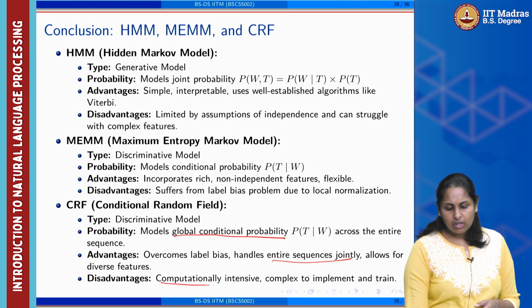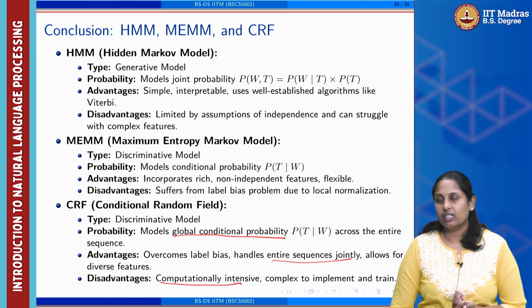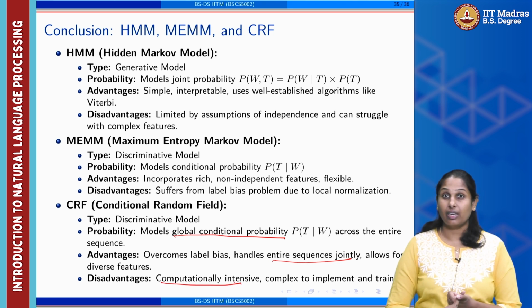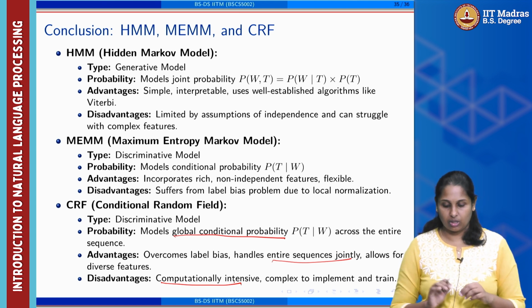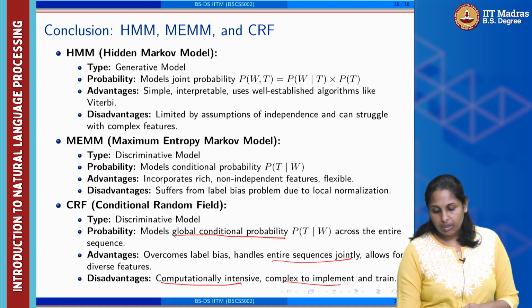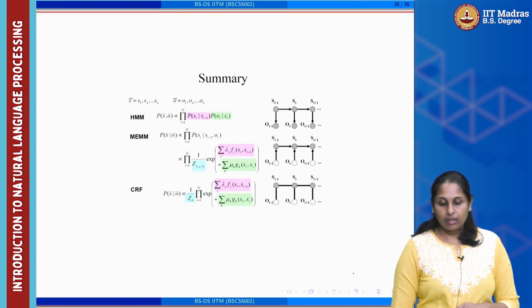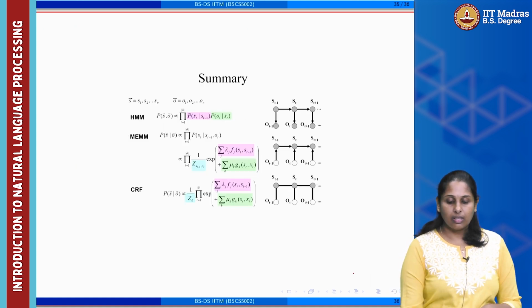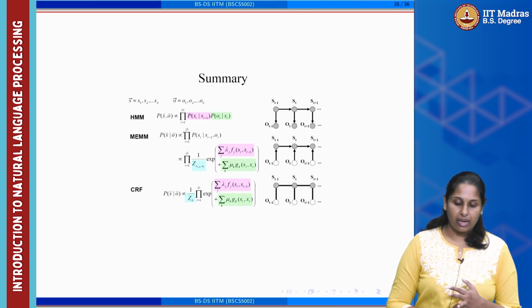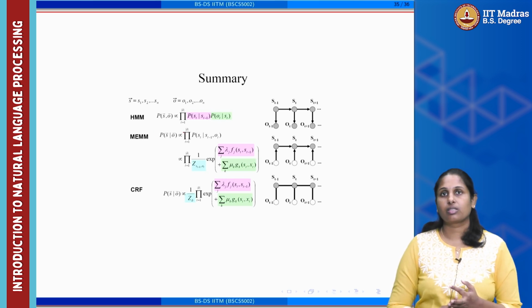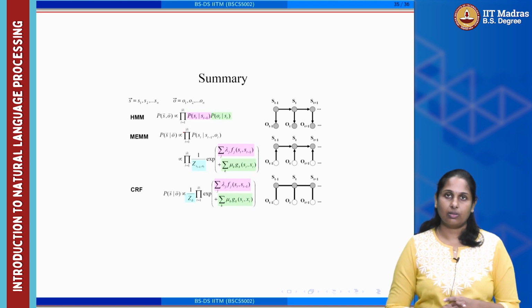The disadvantage of using this one is that it is computationally intensive, because it has to go through the whole sequence and create more nodes and transitions, right. So, it is sometimes complex to implement and train. And to summarize, these are the algorithms and formulas used when we are building HMM, MEMM and CRF based POS tagging and NER for languages. Thank you.